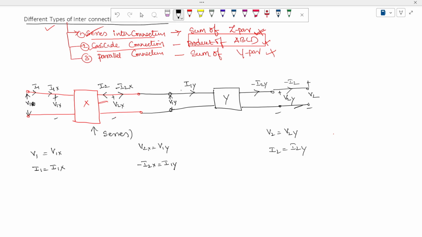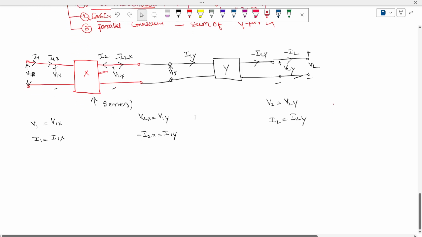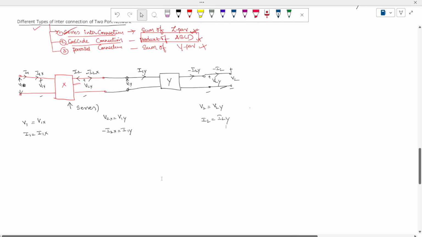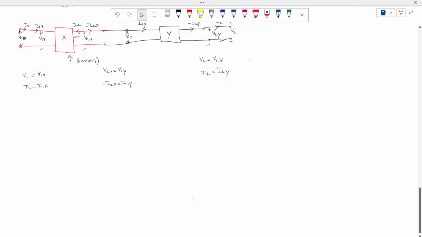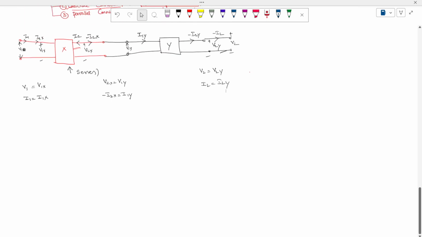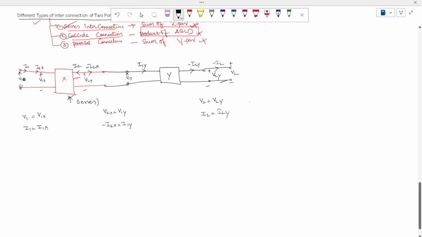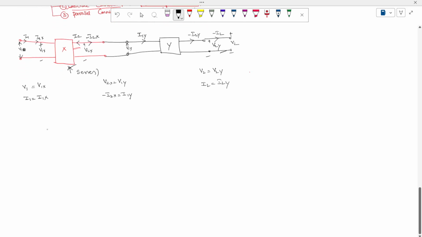So now let's try to use this and write it in our required format. Let's try to write down the equations. In this cascade interconnection ABCD plays a major role, so I am writing ABCD. How to write down ABCD? We have V1, I1 as well as V2, I2.